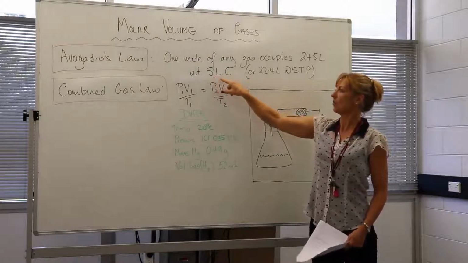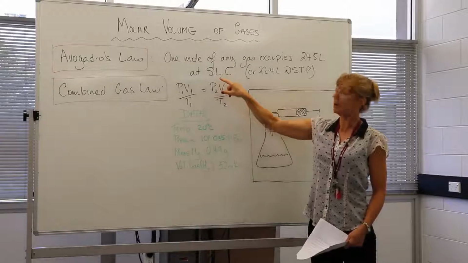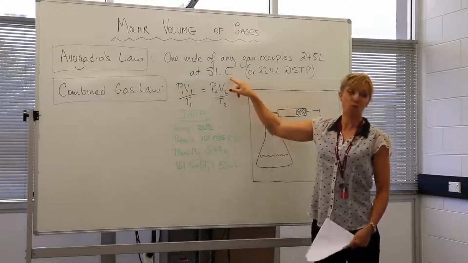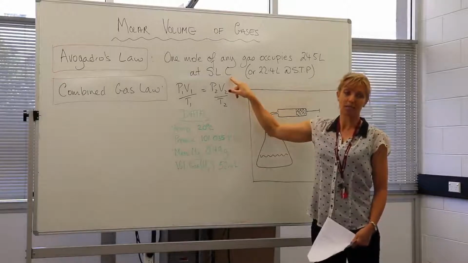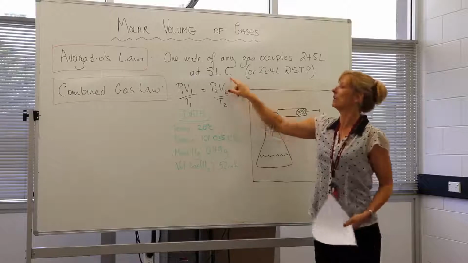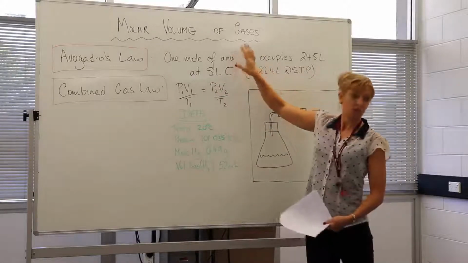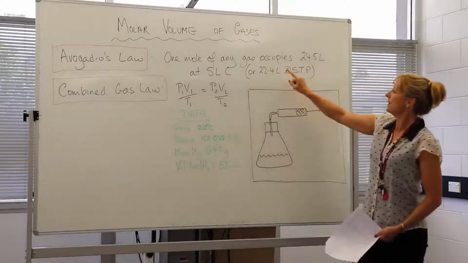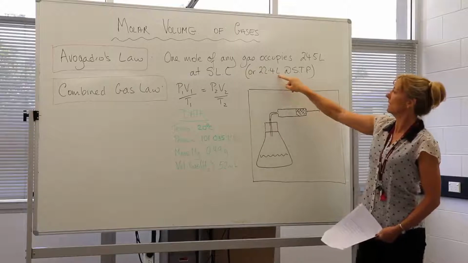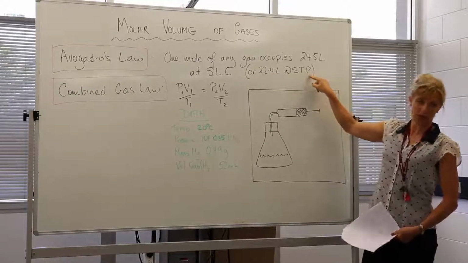Now, standard laboratory conditions are 25 degrees Celsius or 298 Kelvin and 101.3 kilopascals, which is the atmospheric pressure at sea level. So that is a law that you have to remember. The other one you need to remember is 22.4 litres at STP, which is standard temperature and pressure.